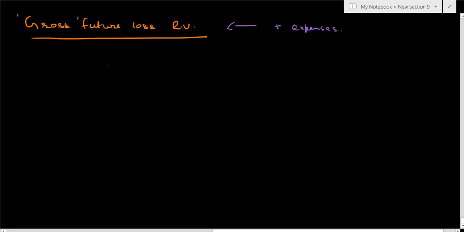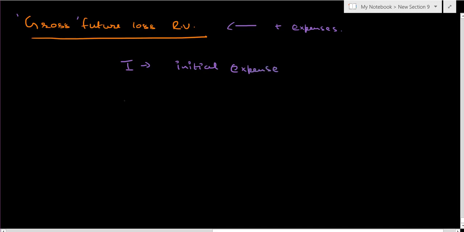Let's first define a few notations in addition to what we have already discussed. I is the initial expense that is incurred on a contract.